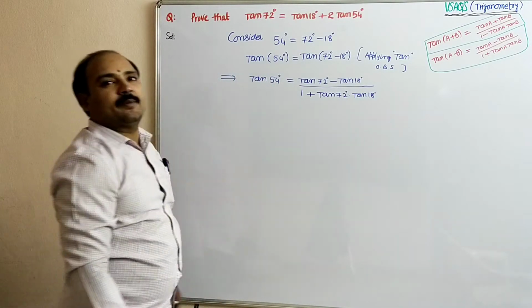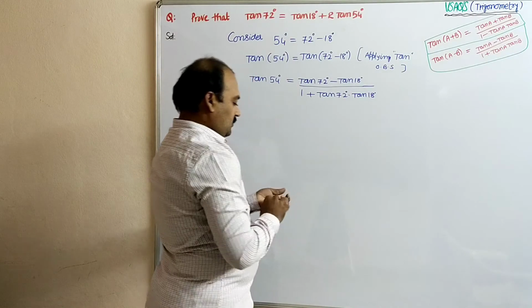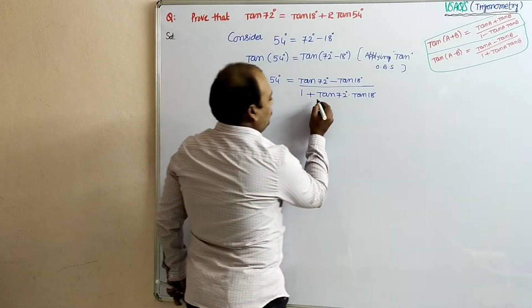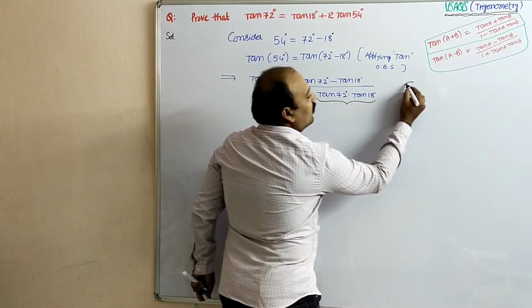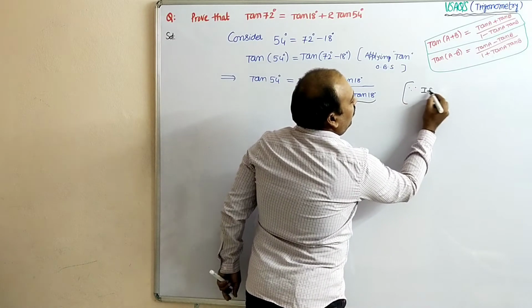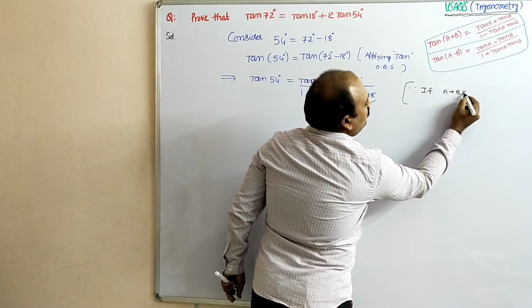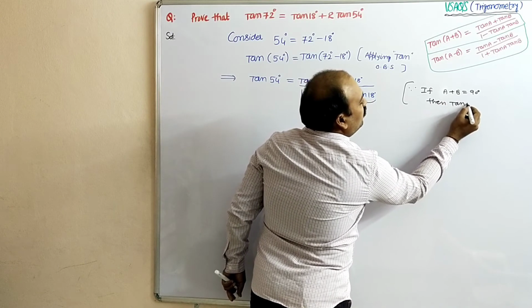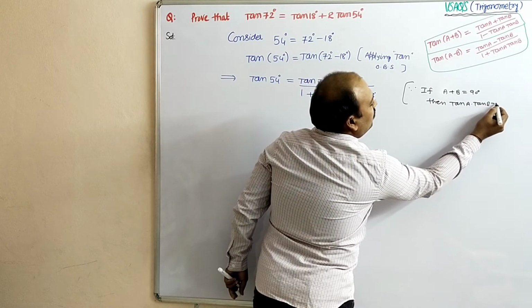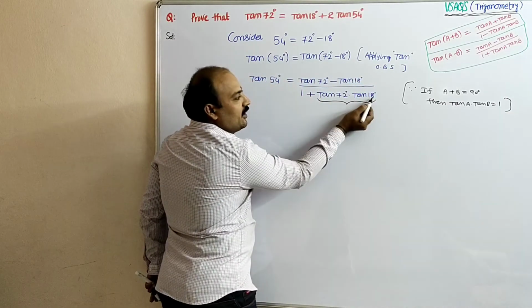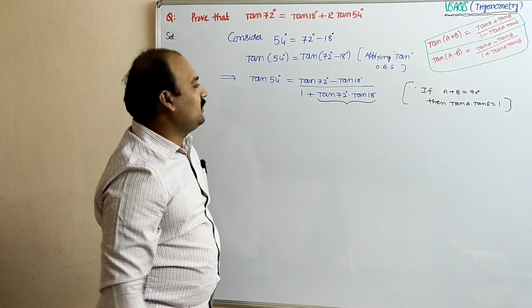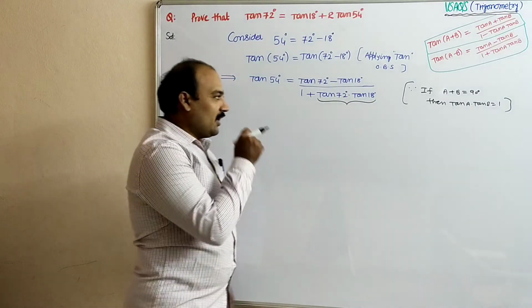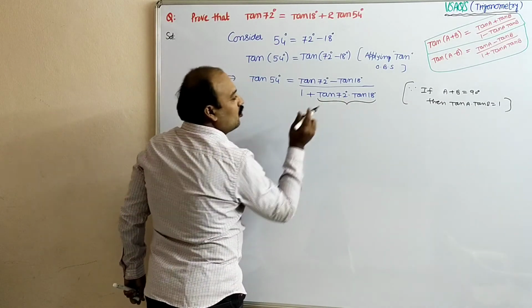After reaching this step, again we have the formula from the first problem in this class: if A plus B is equal to 90, then tan A into tan B is equal to 1. So here 72 plus 18 equal to 90, so this value goes to be 1.